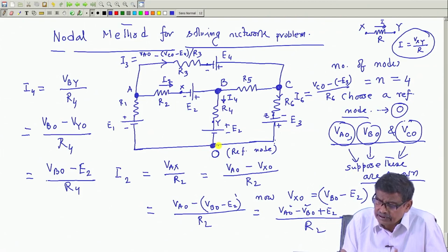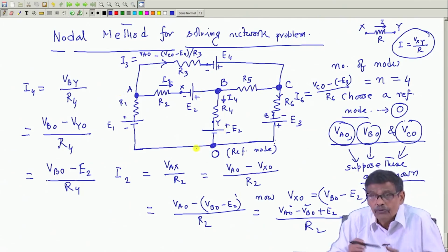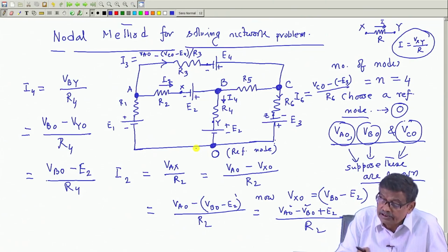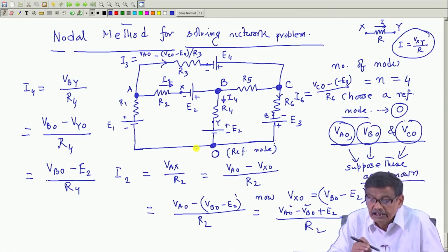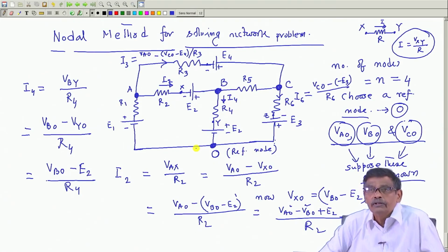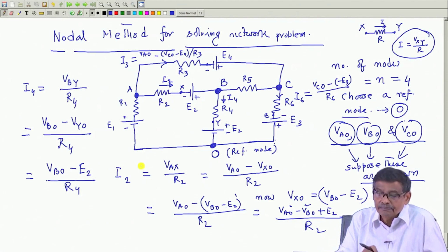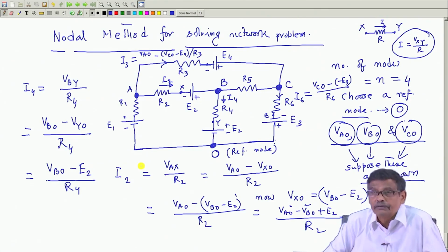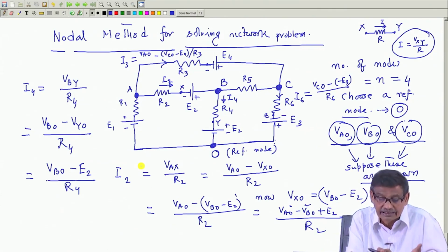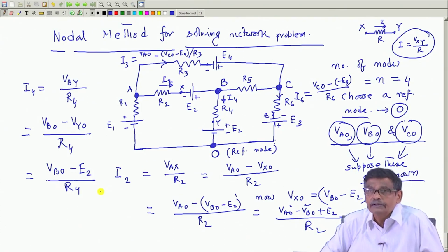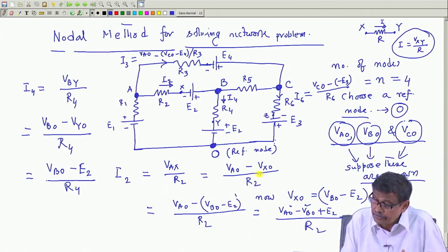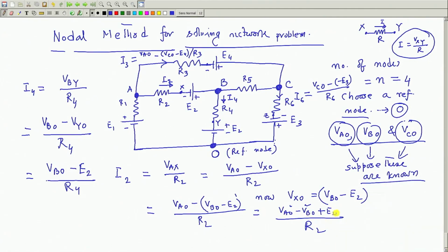There is no condition that O must be the reference; any one can be chosen, and I have chosen O. If the other 3 node voltages with respect to the reference are known, you have almost solved the circuit, because any branch current in this type of network can be expressed in terms of those node voltages. For example, I4 is Vb0 and so on, and I2 is Va0 minus Vb0 plus E2, over R2.